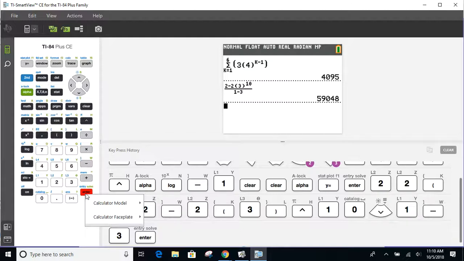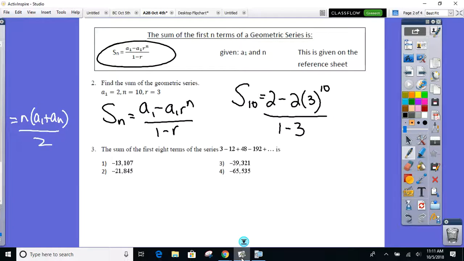We all matching here? 59,048. So when you add up the first 10 terms in this sequence, they add up to 59,048.